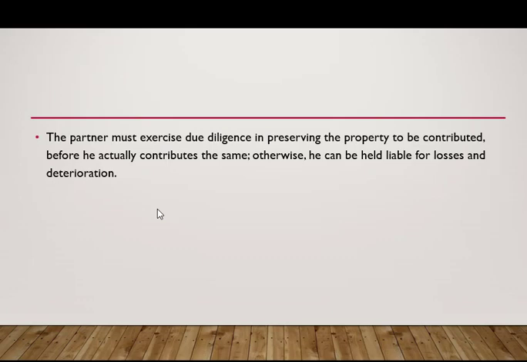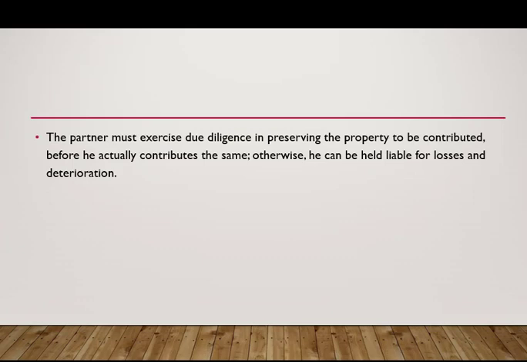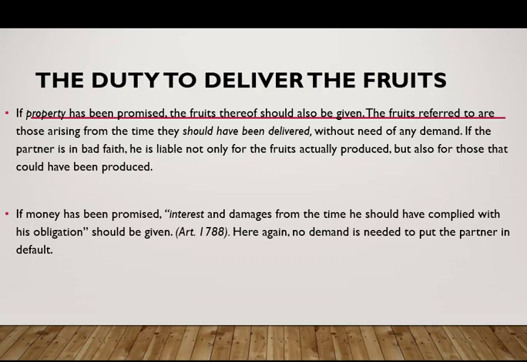There would be instances as well where you can deliver to the partnership not only money but property, and also goods. So, the duty to deliver the fruits: if property has been promised, the fruits thereof should also be given. The fruits referred to are those arising from the time they should have been delivered, without the need of any demand.